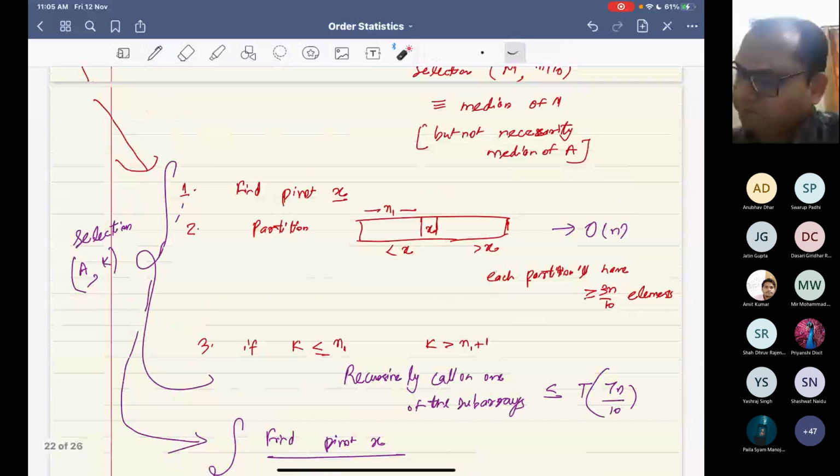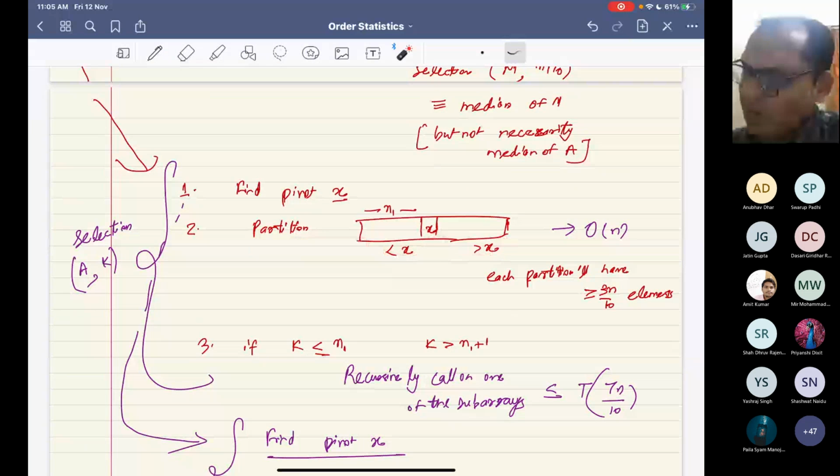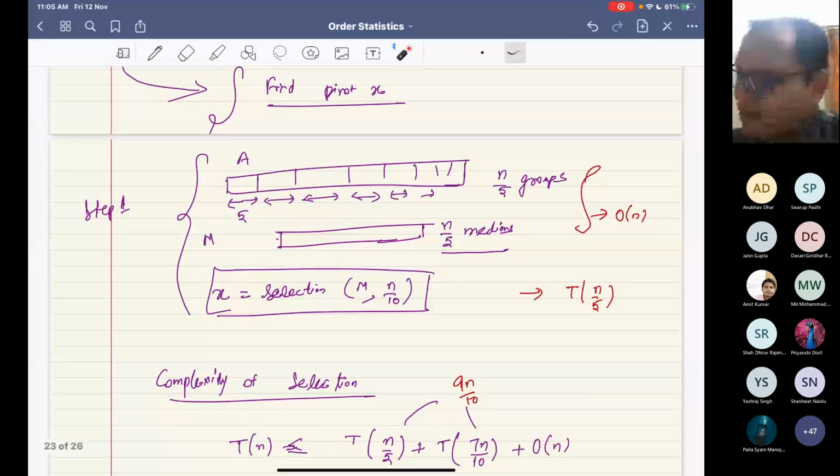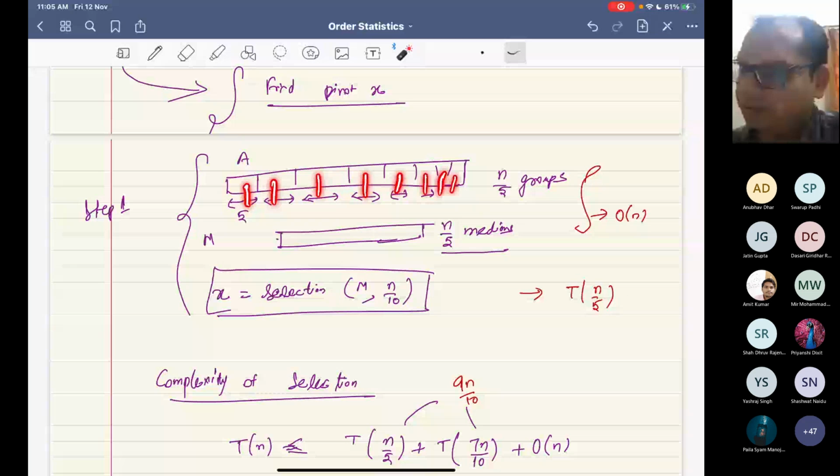So again, this is the bigger picture. Find pivot, partition using pivot, and then a recursive algorithm that will go into one of the subarrays. And what is crucial here is finding the pivot. To find the pivot, you first break into groups of 5, find the median of each group by a simple method.